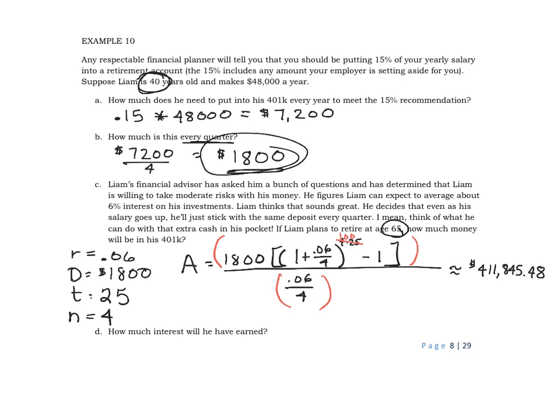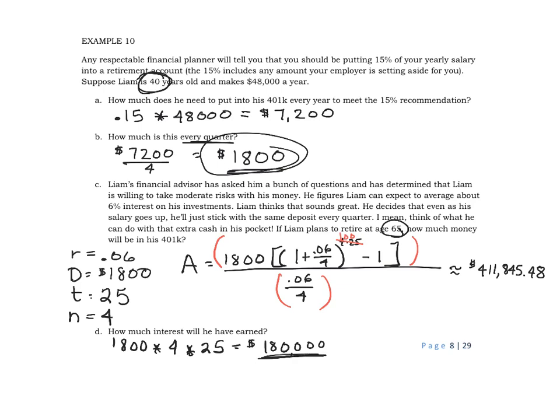Again, we want to know how much interest he will have earned. He is only putting away $1,800 just 4 times a year, and he's doing that for 25 years. So that looks like he will be investing $180,000 into his retirement.